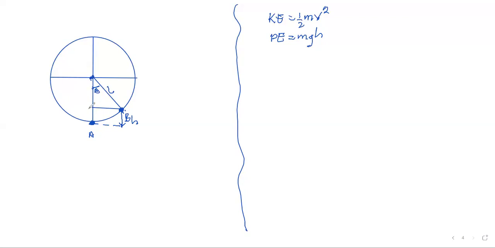Let's assume this distance from the center to this point is x. Let's call this point maybe C. So the center, OC, is equal to x.